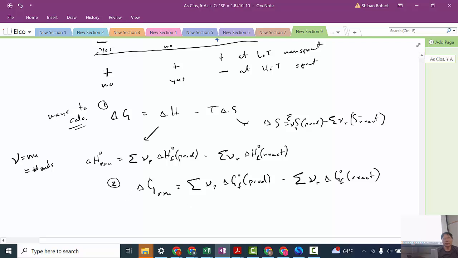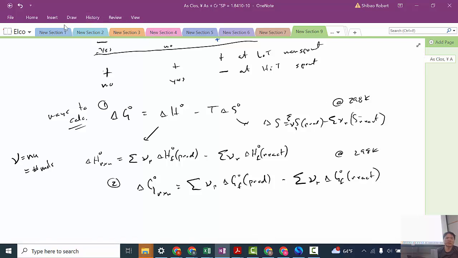But this is restricted. In fact, both of these are restricted. Both of these have to be under standard conditions at 298 Kelvin, because delta H is going to be under standard conditions, and unless we look at other tables, our Appendix D table is only at 298 Kelvin.